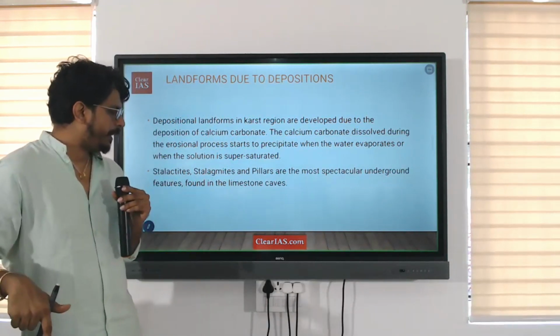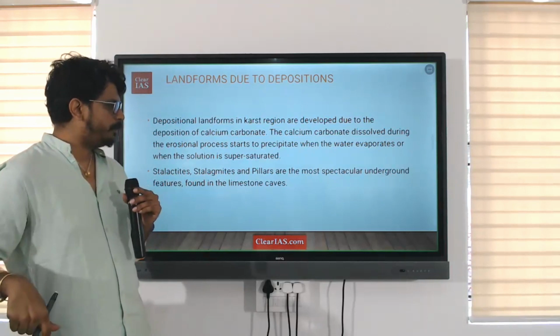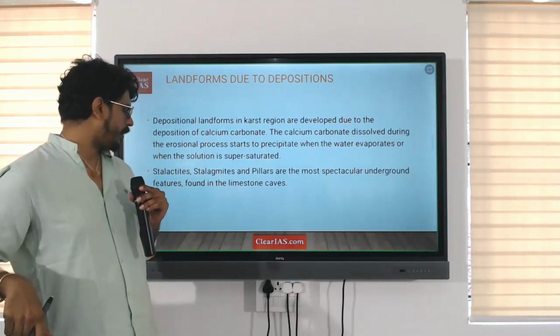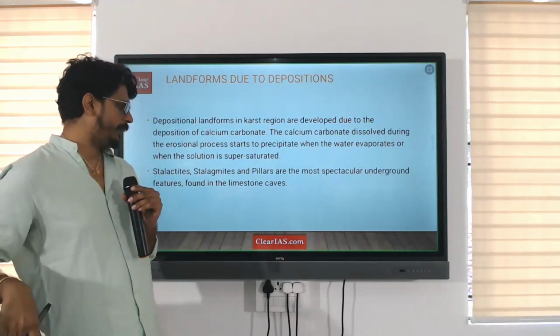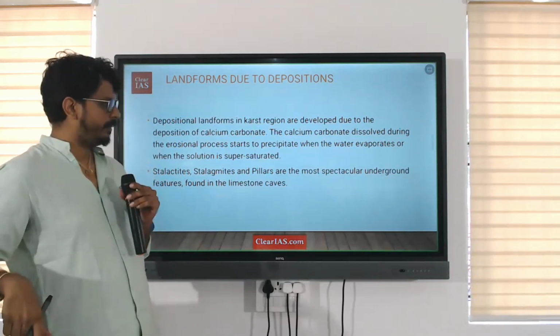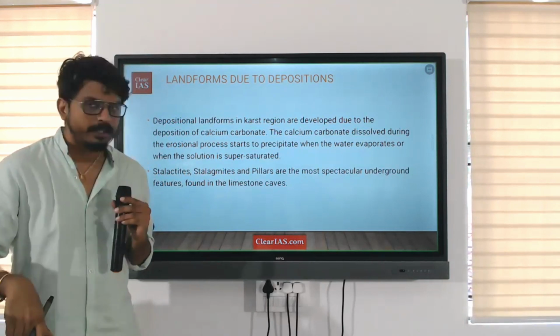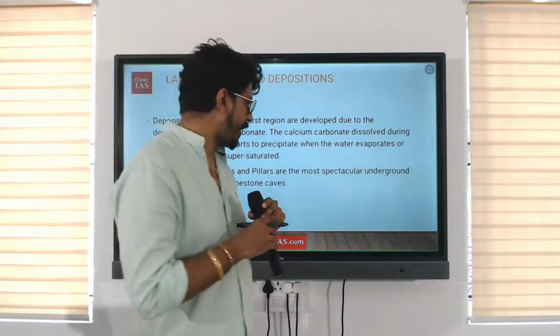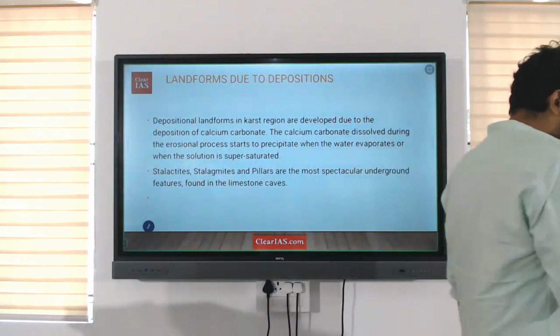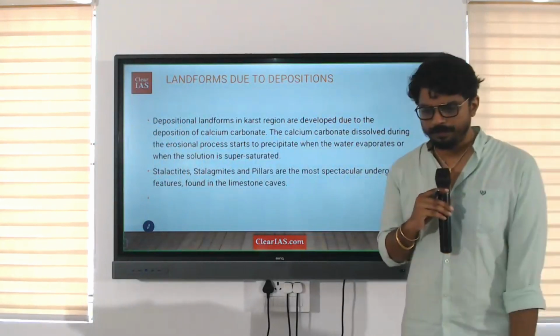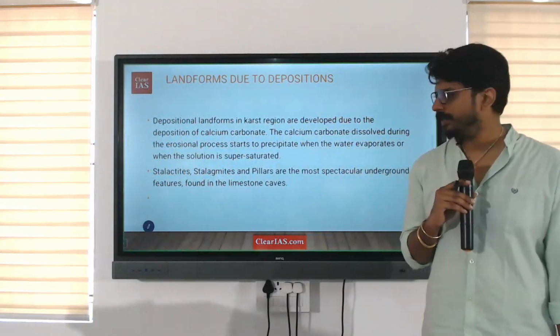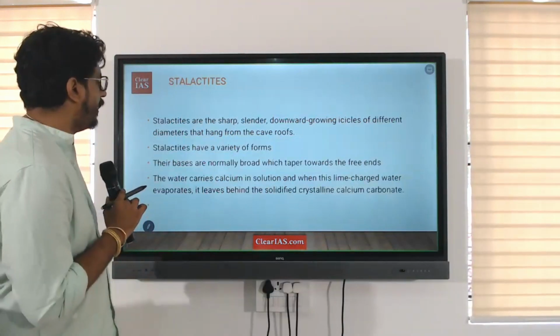Stalactites, stalagmites, and pillars are the most spectacular underground features found in limestone caves. Then stalactites.